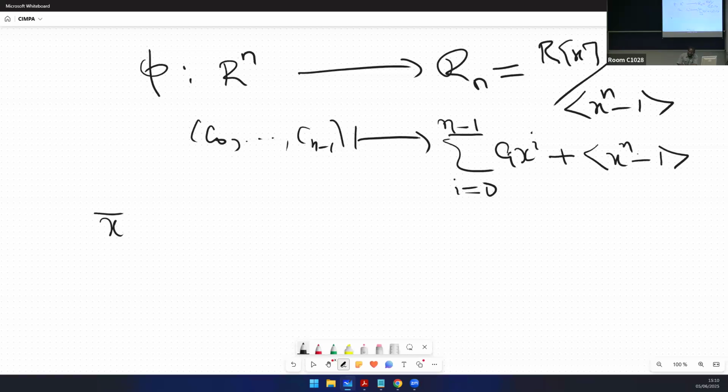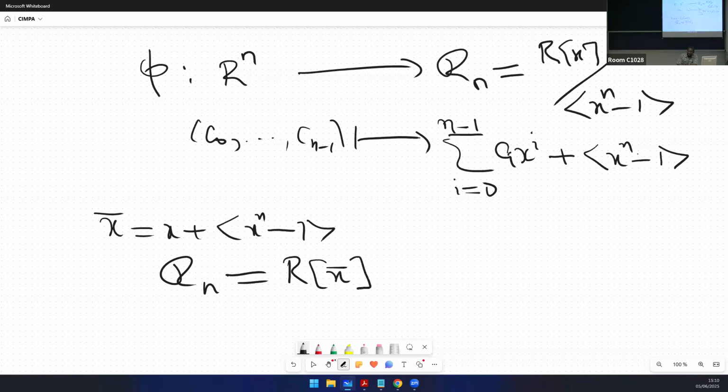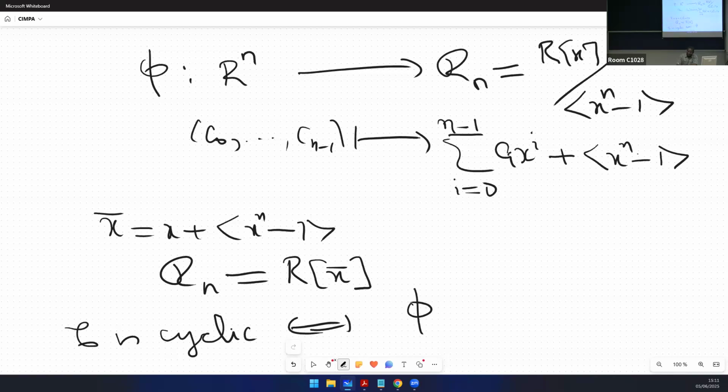When you denote x bar, Rn can be written this way. C is cyclic if and only if phi of C is an ideal of this ring.